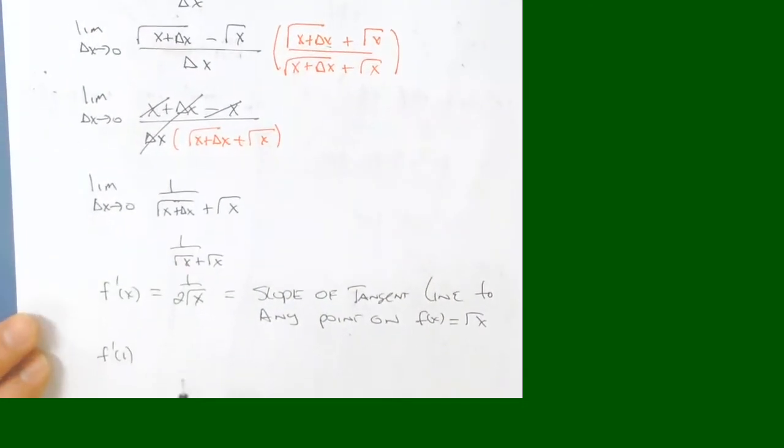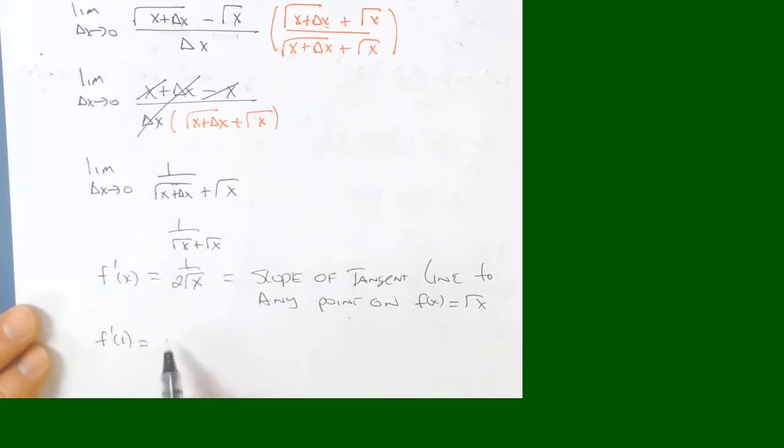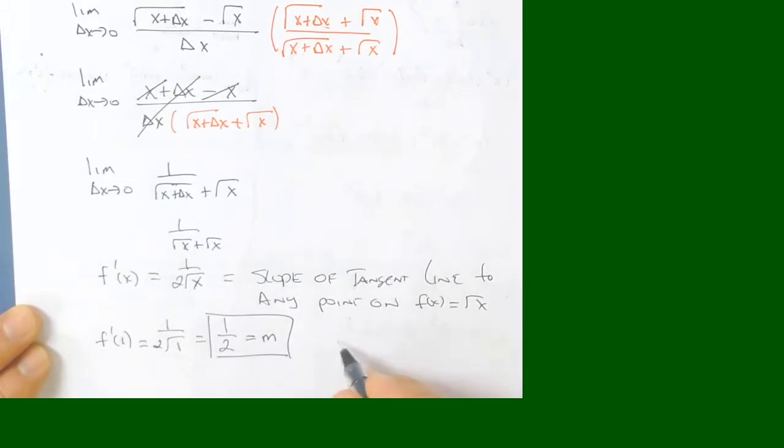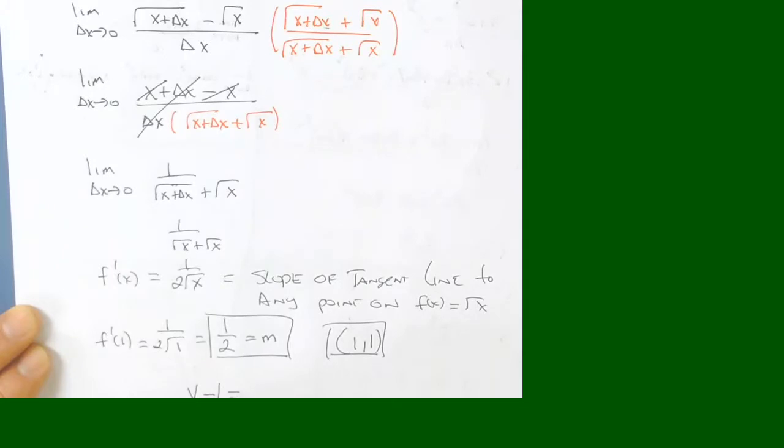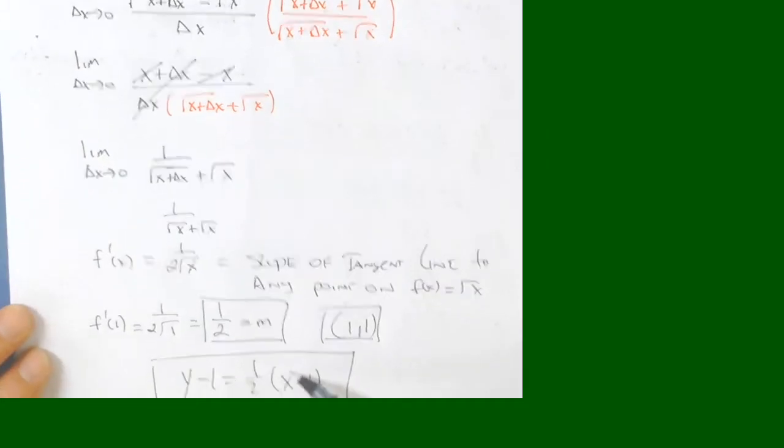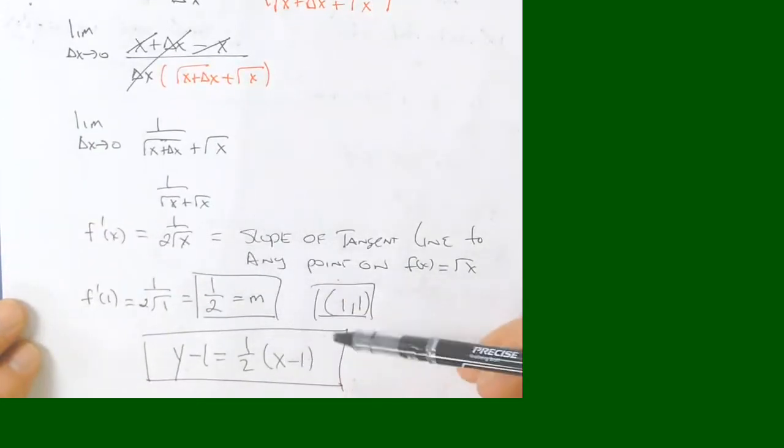F prime of 1 equals 1 over 2 times the square root of 1, which is 1 over 2. That is the slope. My point is (1, 1). Y minus 1 equals 1/2 times x minus 1. That is the equation of the tangent line at x equals 1.